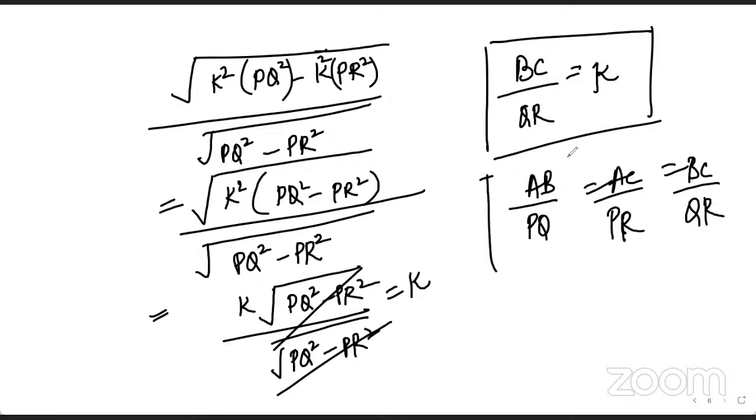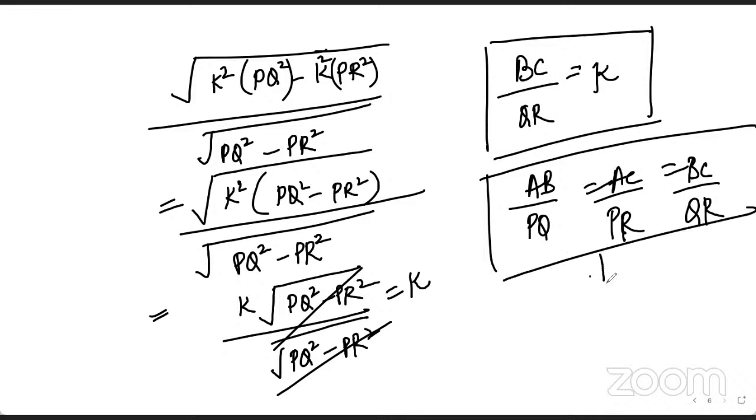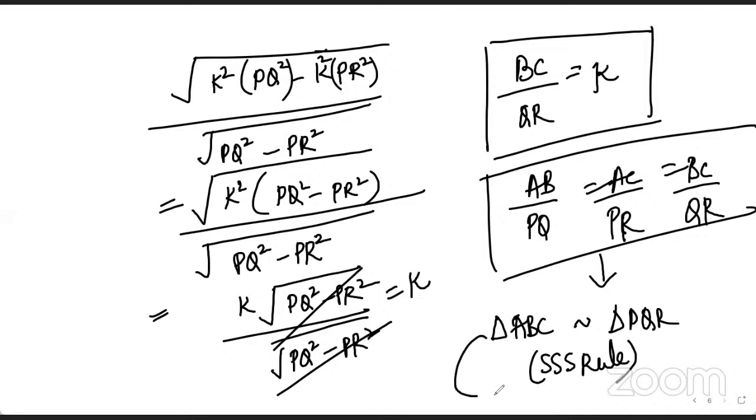Now, as I have got this relationship, I can say that triangle ABC is similar to triangle PQR by SSS rule. From this, I can take angle B is equal to angle Q. Why can I take angle B equal to angle Q? The reason is corresponding angles of similar triangles are equal.